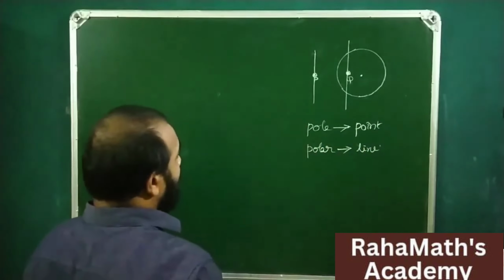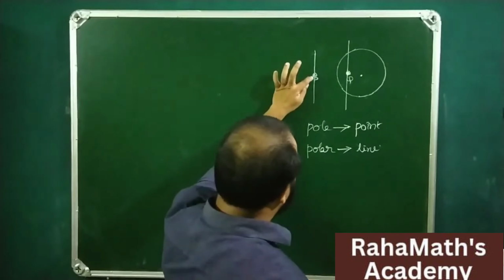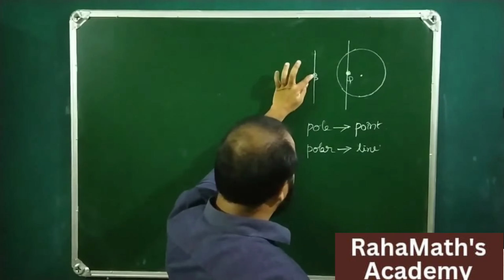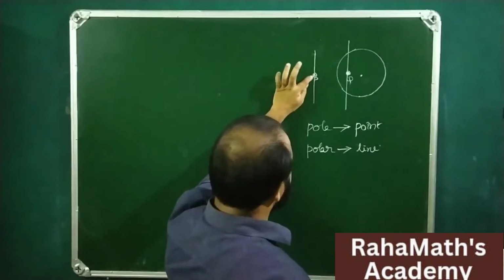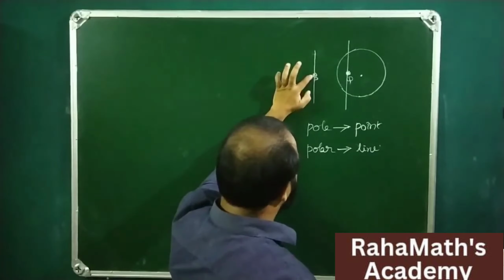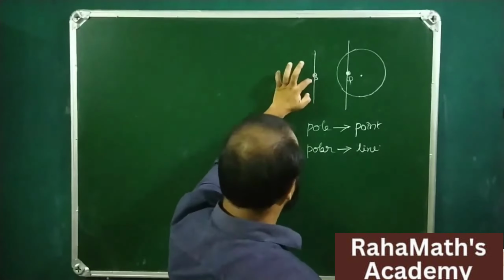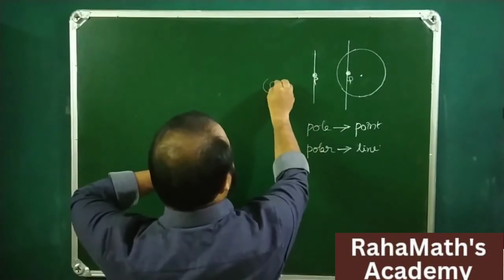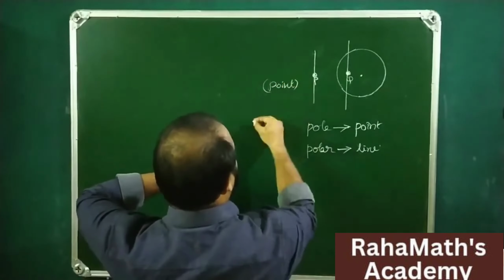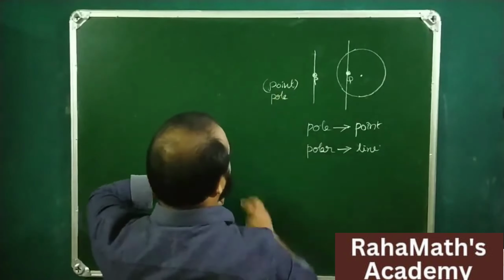So let us suppose that the point P lies outside the circle. Then the polar of this point P, that means it is the pole. P is a point or pole.